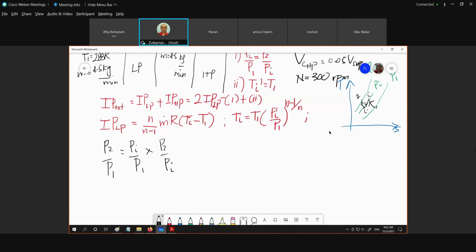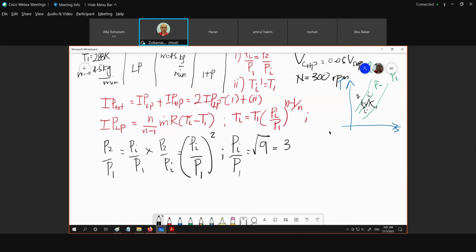So this is equal to Pi divided by P1 squared. Therefore, to get what is Pi over P1 right here, this is equal to overall pressure ratio 9 square root, which is equal to 3.